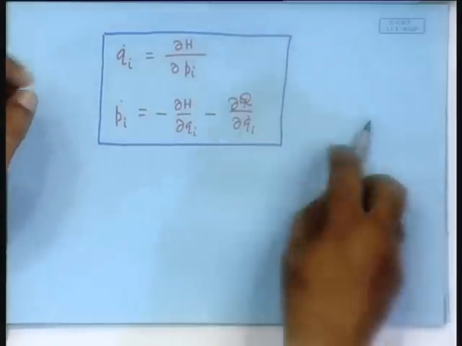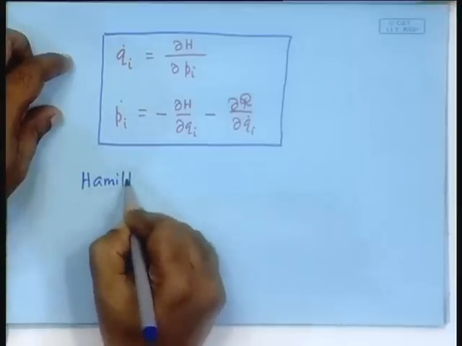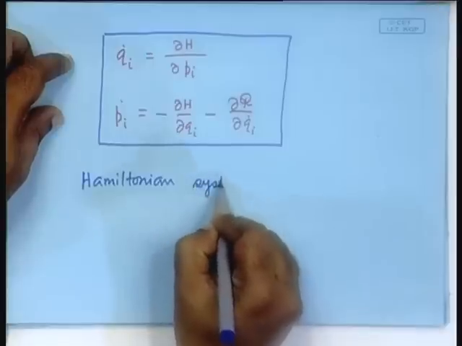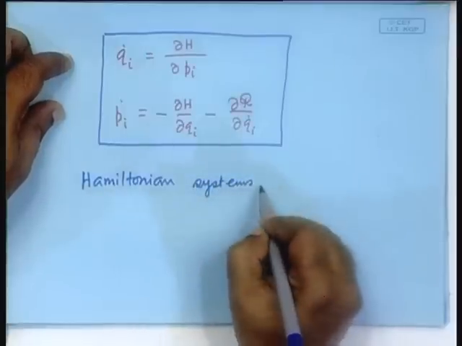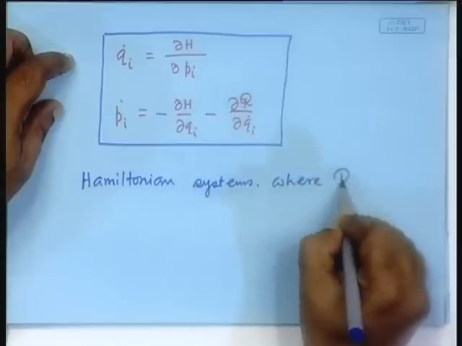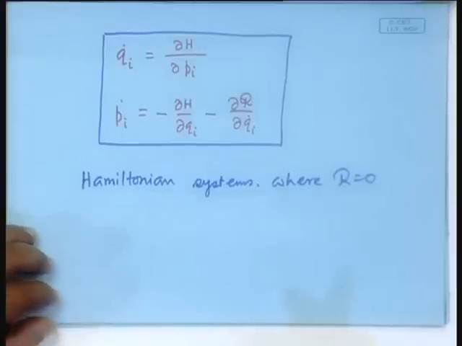So, the Hamiltonian systems are those where the Rayleigh term does not exist, which means there is no dissipation or friction.